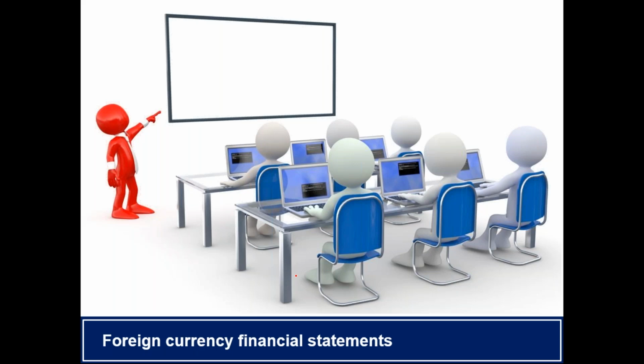This situation typically occurs when you have foreign subsidiaries, associates, or joint ventures, and you need to convert the financial statements of those foreign operations into your reporting or local currency.